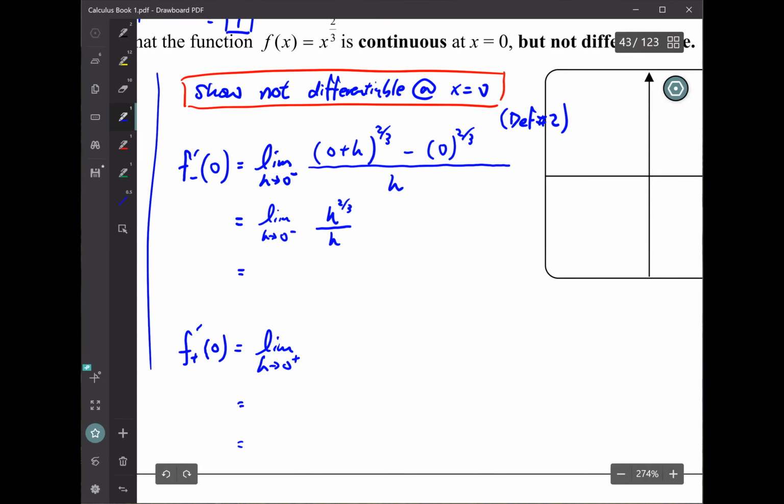Okay, how do we continue now? Leon, how do we simplify this expression? Would it just be h to the power of 1/3? Close, 90% correct.